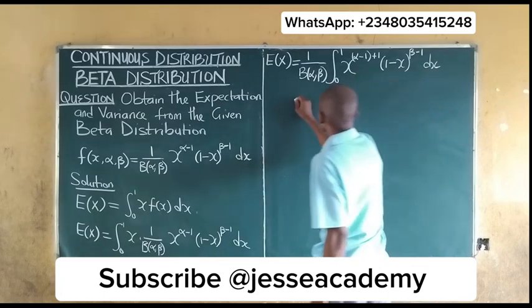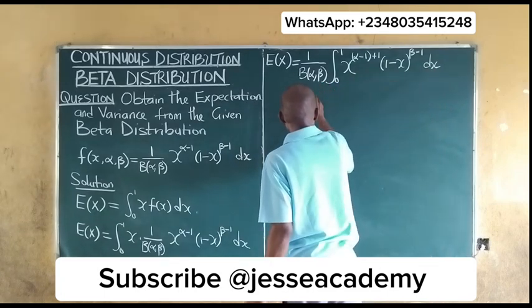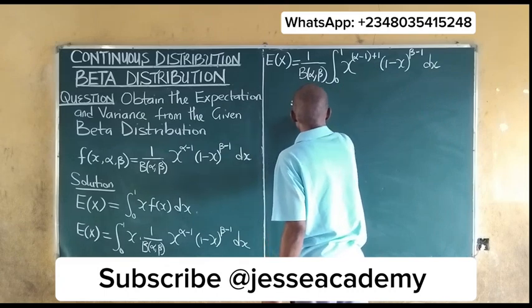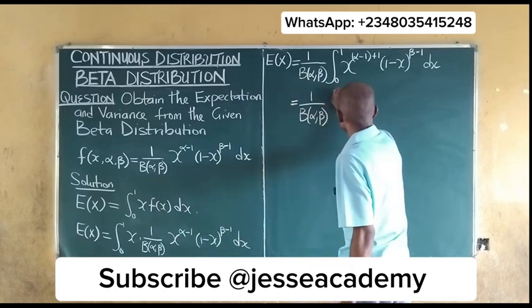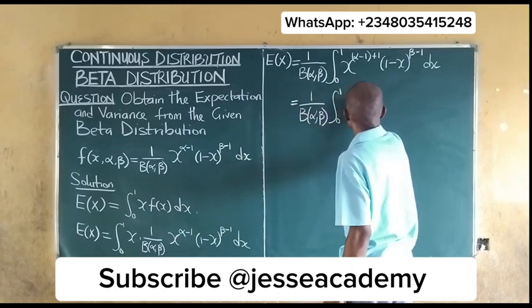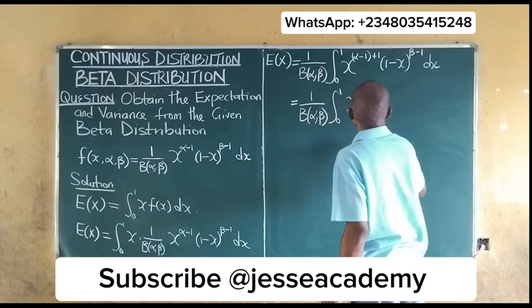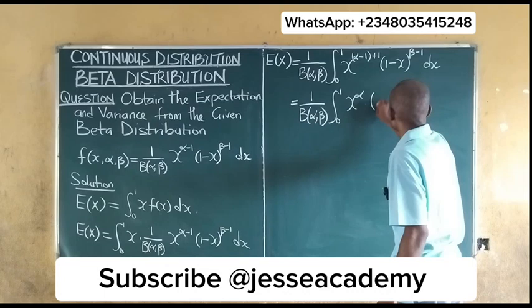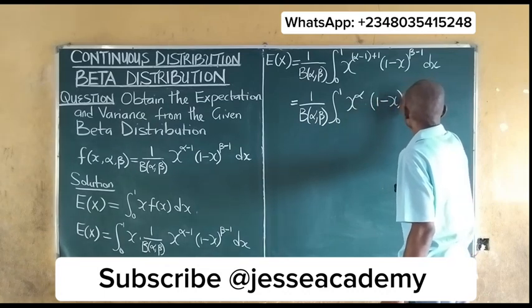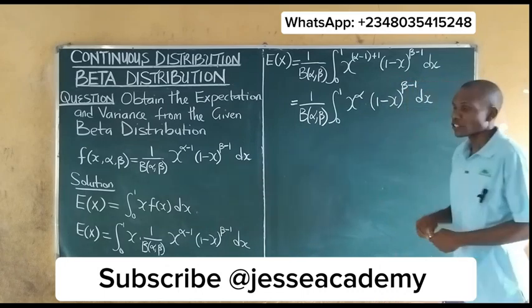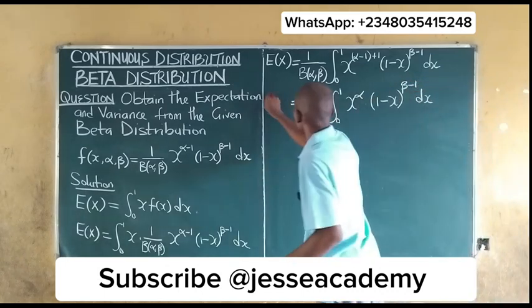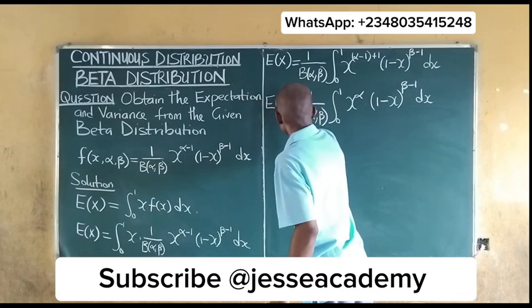Of course, this and this will give us 1 over B(alpha, beta) into the integral from 0 to 1 of x raised to the power of alpha into (1 minus x)^(beta minus 1) dx. This is what we get as our expected value of x.